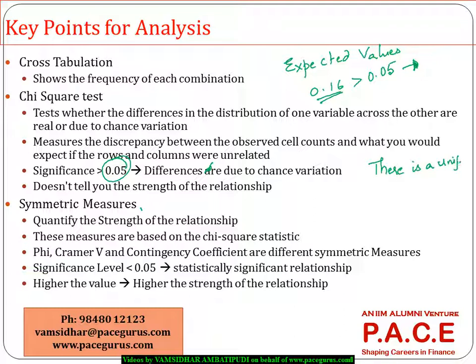I cannot say that there is a difference in the proportions across the marital statuses for various smoking levels. So I'll go with the assumption of uniformity itself.